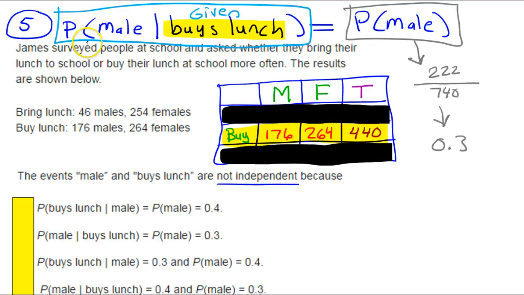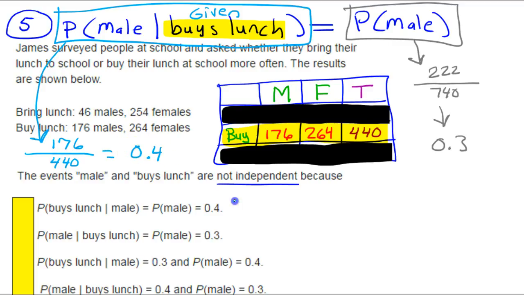So again we're going to do target over total here. There are 176 males in this small universe out of a total of 440 people. Again I'm just going to put that in my calculator. 176 divided by 440, that is 0.4.